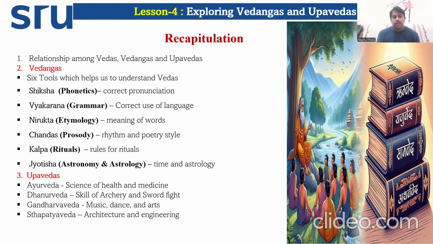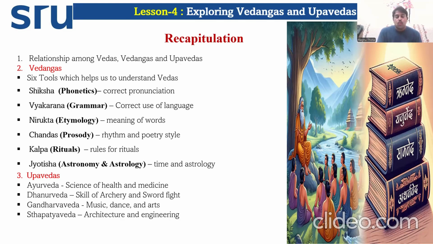So let me make it very clear. Vedas are nothing but the wisdom of knowledge. The wisdom and the knowledge which has been prescribed in the form of 4 books is called Vedas. In the process of understanding the information in Vedas, we need to rely on Vedangas, which are the 6 tools that help us to understand the information in Vedas in a better way.